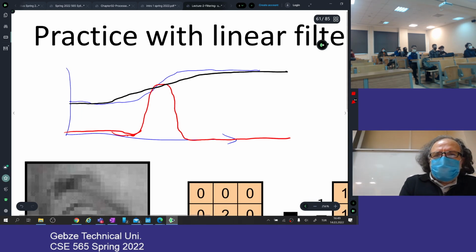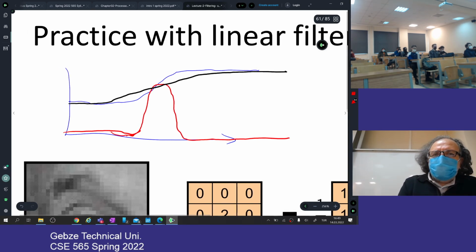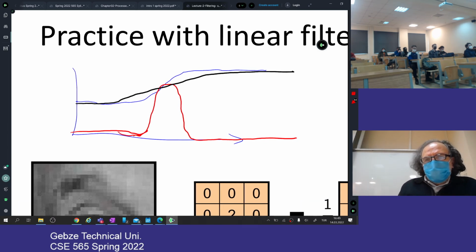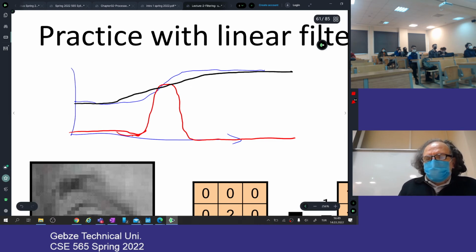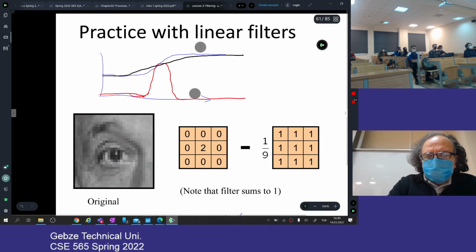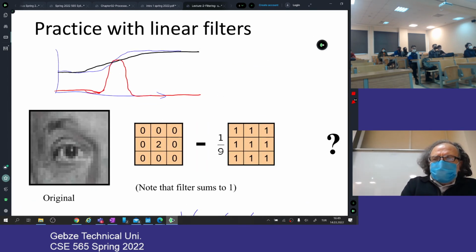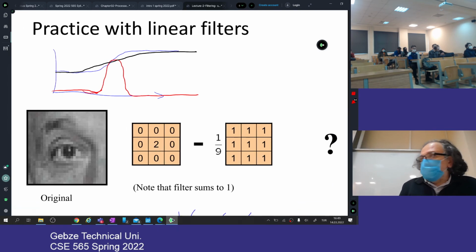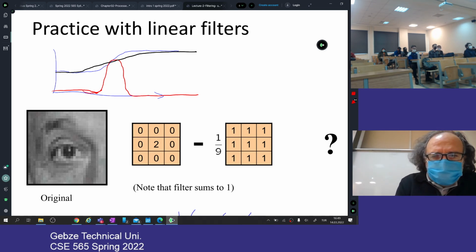So this part and this part will be the same, but only during the transition, the transition is smooth for this black one, which is the average one. So this one says to subtract the average from the original function itself, but 2 times the function. If I subtract it from the original, let's get rid of this derivative.